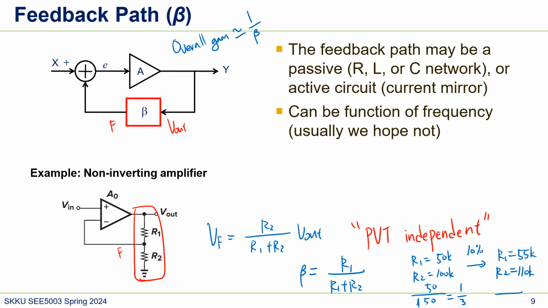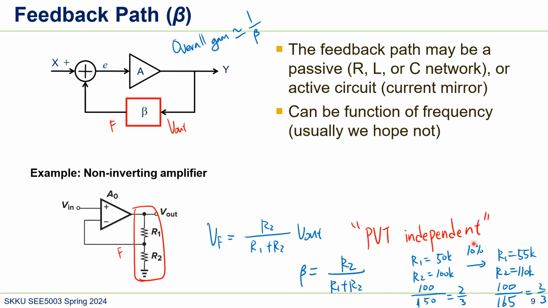So this ratio is not changing. That's a key point. Yeah, I made a typo, R2 is 100, so 1 over 3, and this is also 1 over 3. So the variation of the resistor is not impacting the beta.